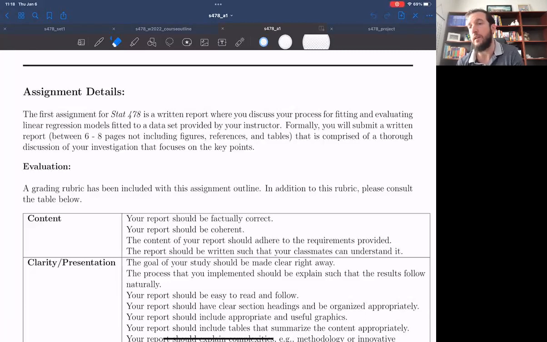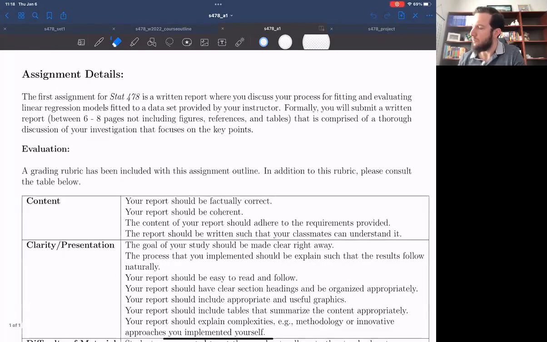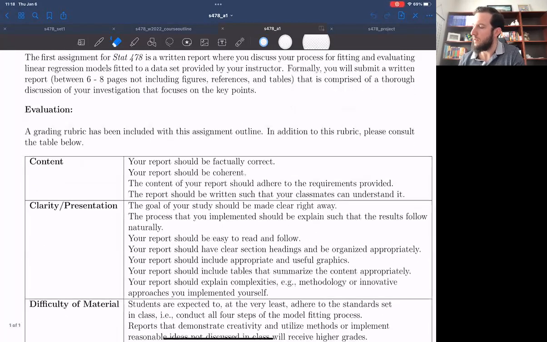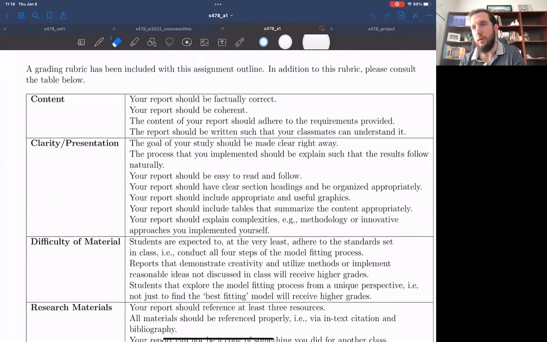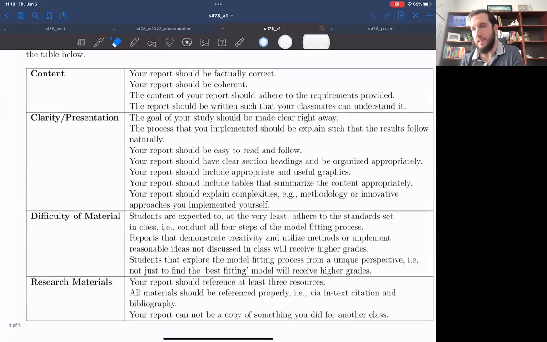I'm going to send an email after class and provide that to you. And in terms of your report, there is an overview of what your report should include on the assignment handout. And in addition to the assignment handout, there is a guideline and the marking rubric that shows you all the components that are expected within the report for assignment 1.